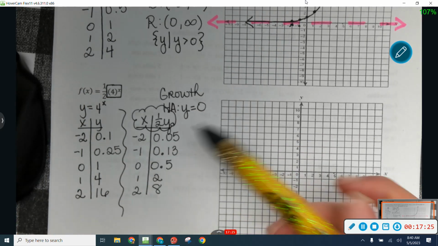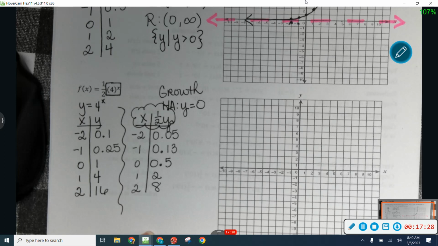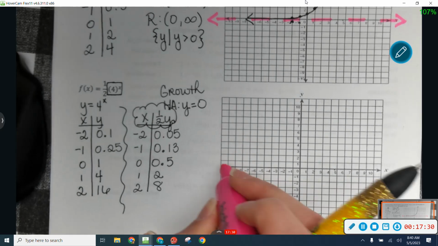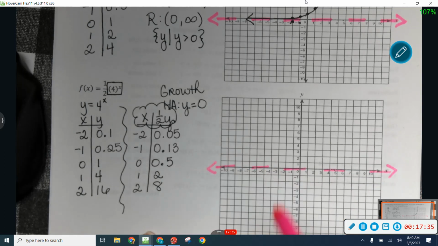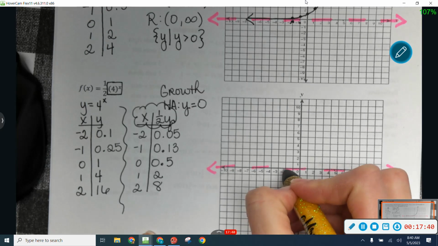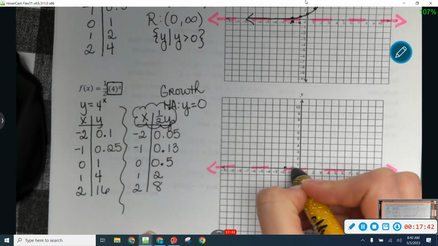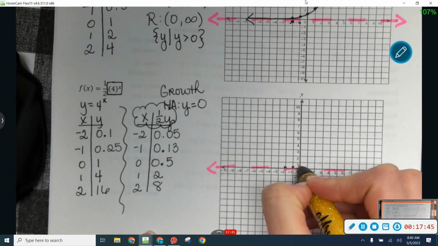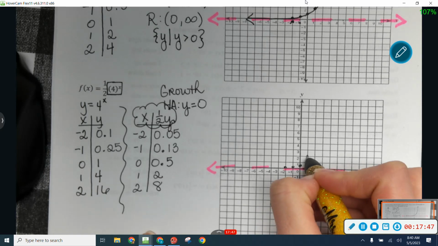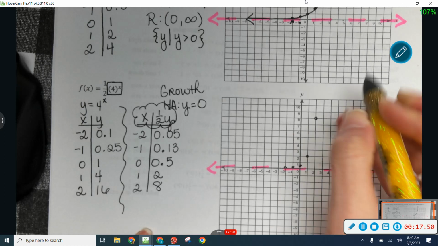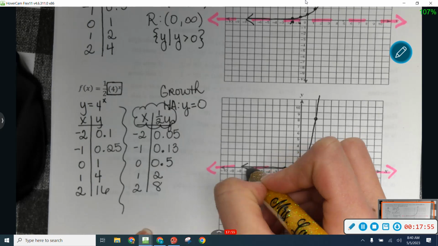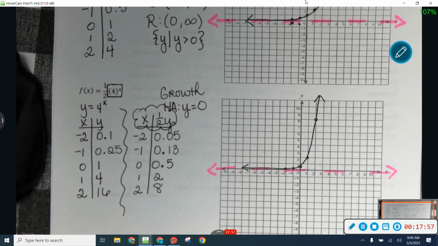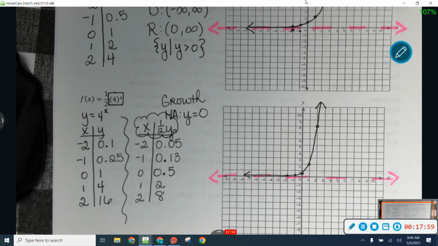Okay? So my horizontal asymptote, y equals 0. So both of those are increasing from left to right.